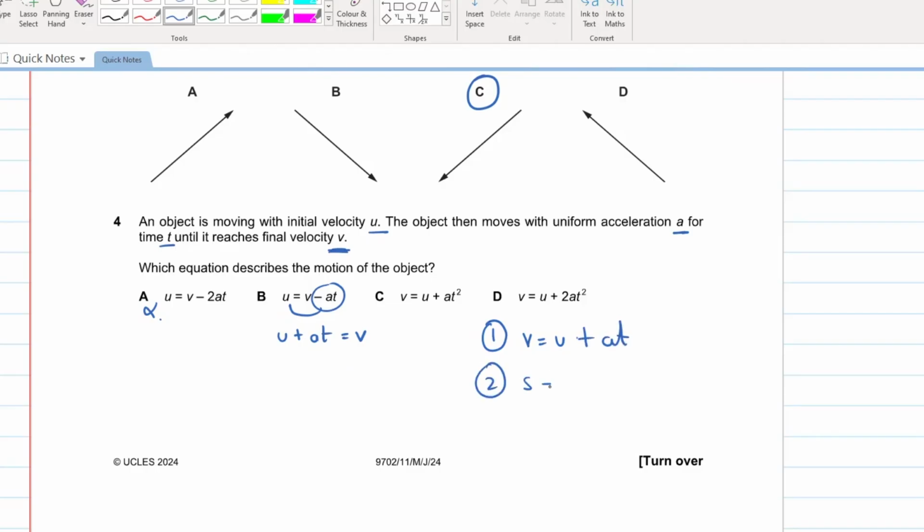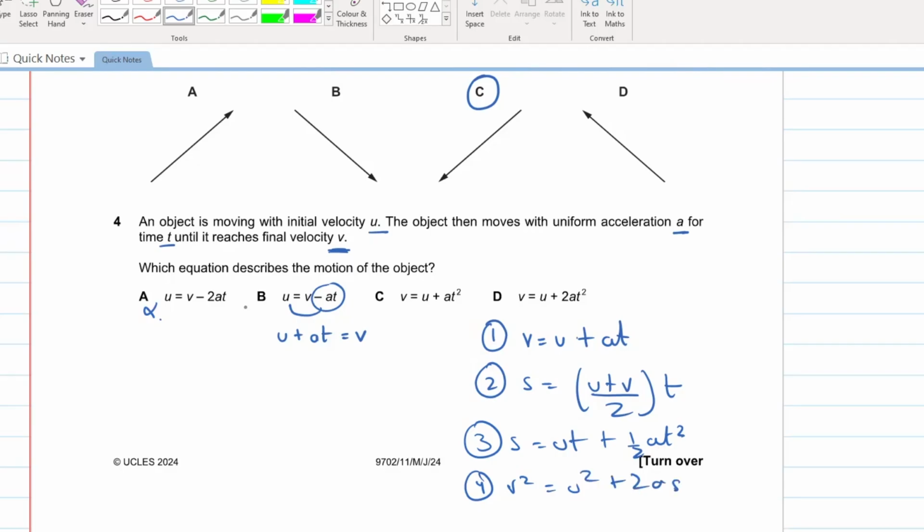Second was what? s is equal to (u plus v) divided by 2, multiplied by t. Third equation was s is equal to ut plus half at square. What was the fourth equation? v square is equal to u square plus 2as. So only B is the correct answer. B is your answer.